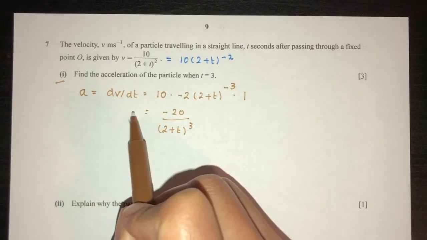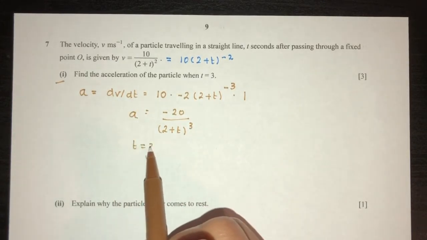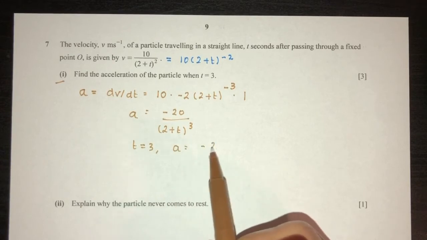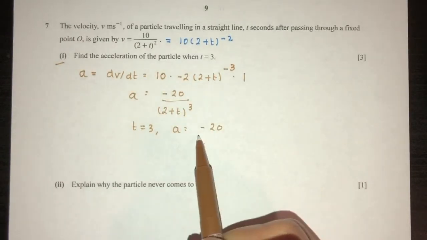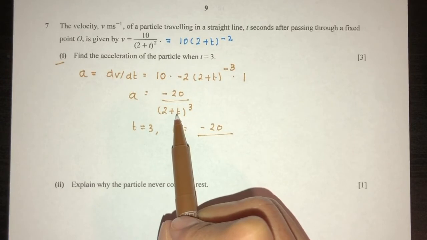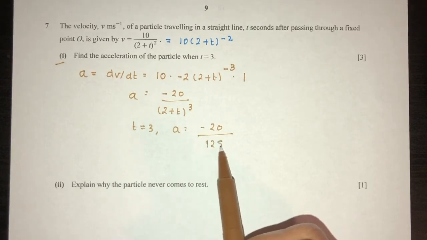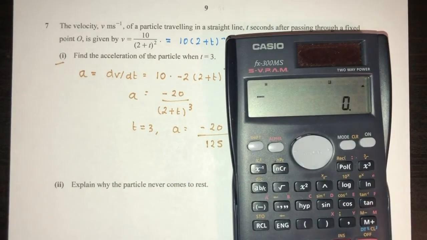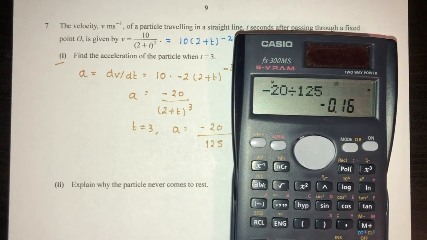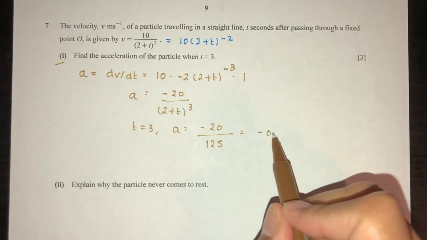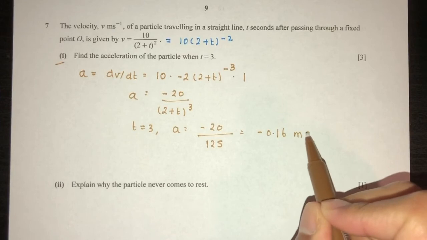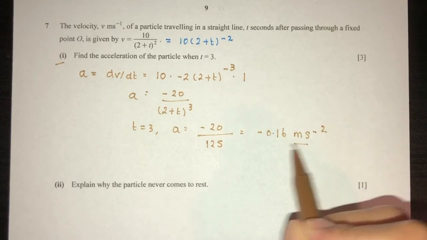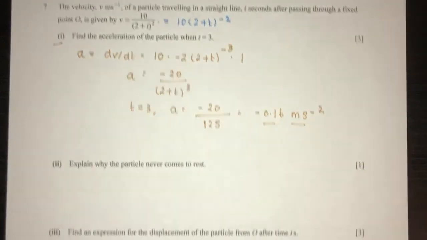We have to find the value of a when t is equal to 3. A will be minus 20 divided by 5 cubed, which is 125. So minus 20 divided by 125 gives minus 0.16 meters per second squared. That is your answer for part 1.